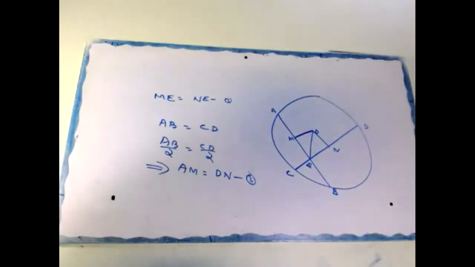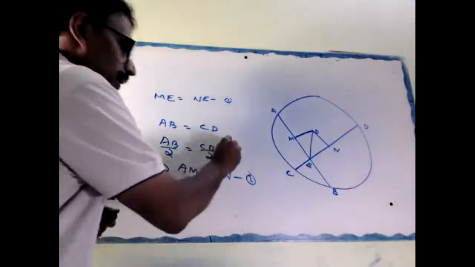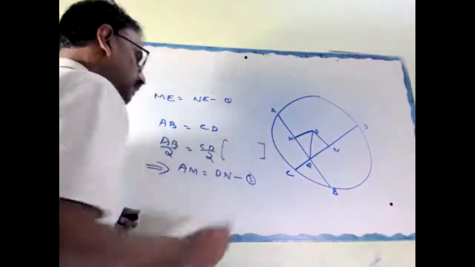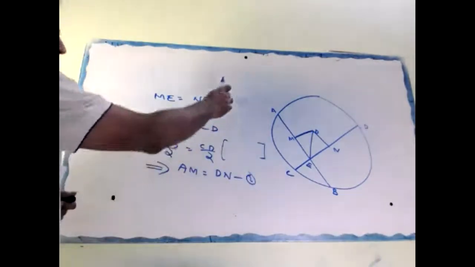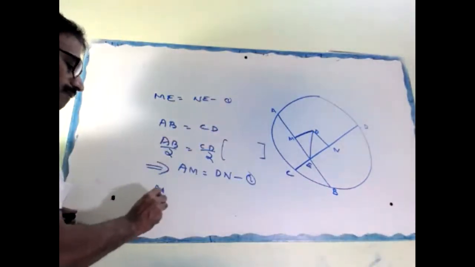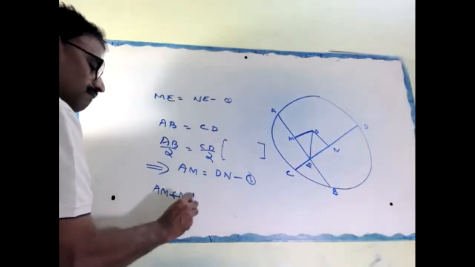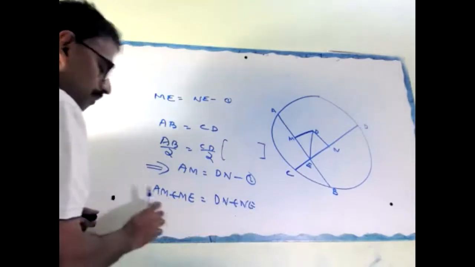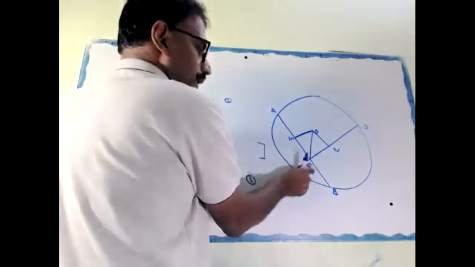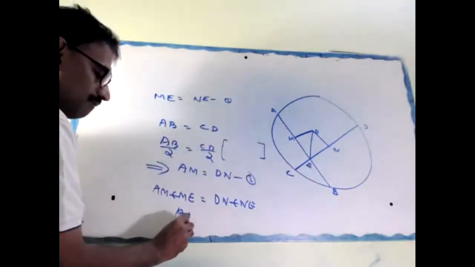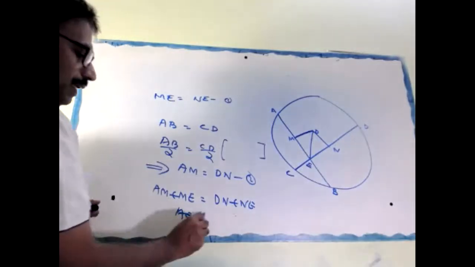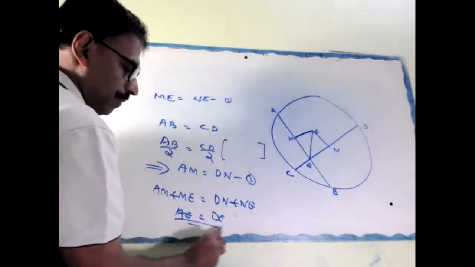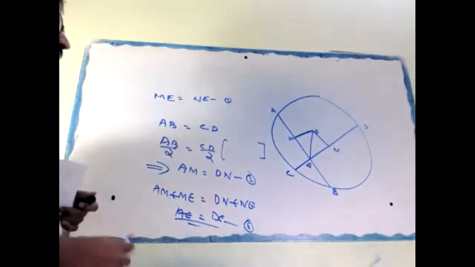Here you write the perpendicular from the center bisects the chord. Add 1 and 2. AM plus ME equal to DN plus NE. What is that? AM plus ME, AE equal to DE. Proved. Number 3.